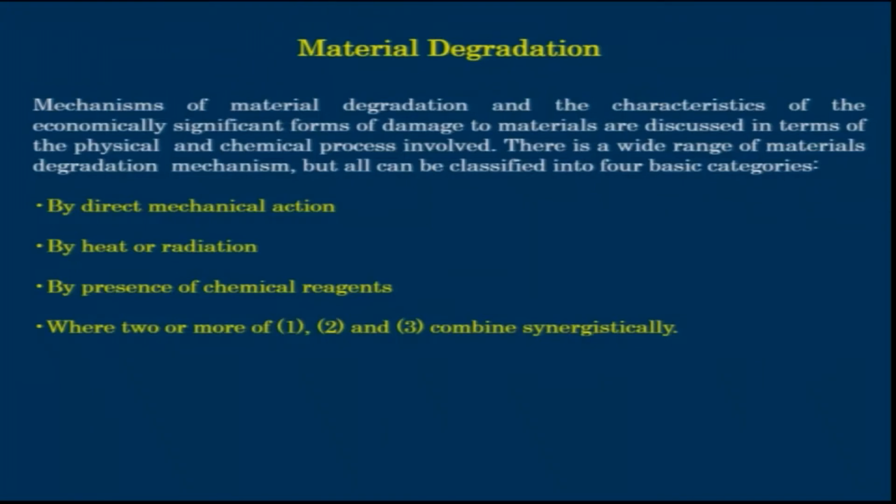Yes, there will be physical features, there will be chemical processes. For example, one particular example of physical features: let us say a structure we have built. If it is in a stormy area where we have a lot of storms, and sand particles hit the structure, it will always erode. It is not corrosion, but it erodes. That is also a kind of loss of material, a material degradation.